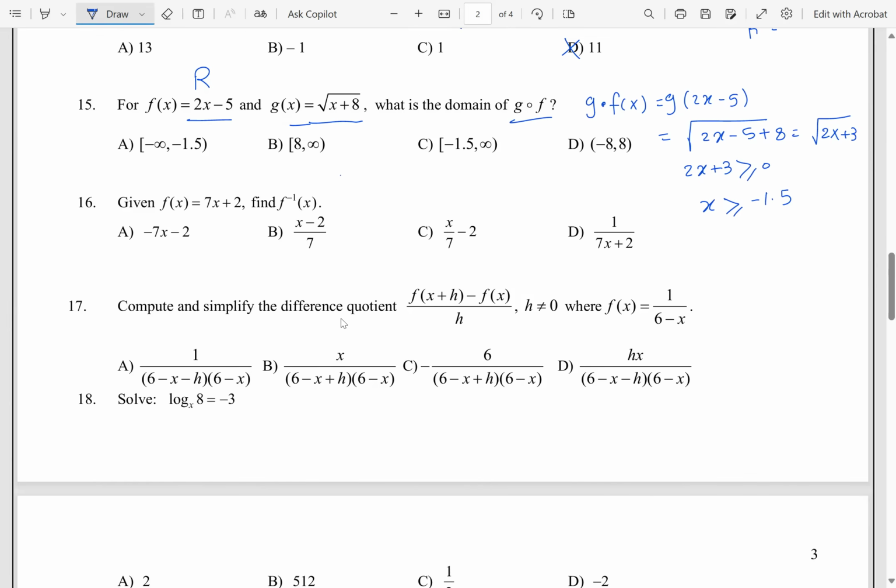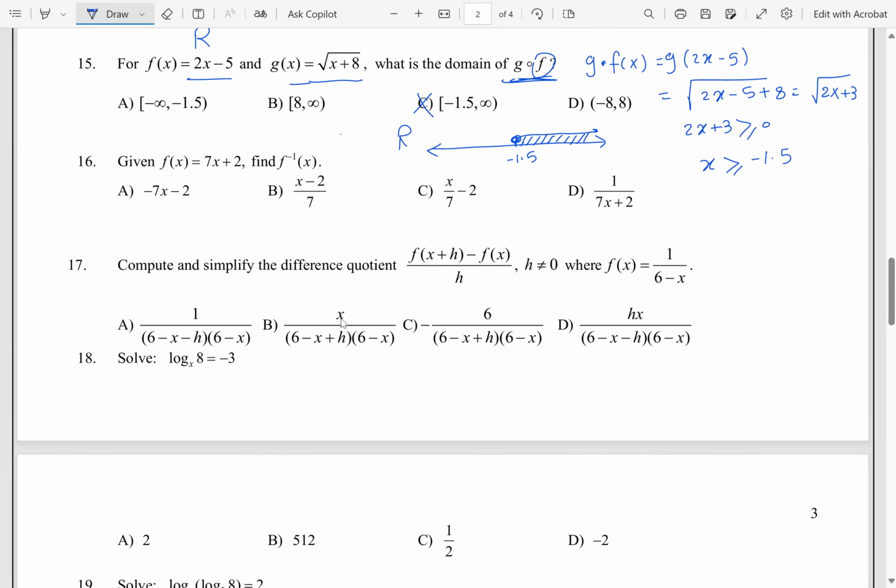So the answer is the intersection of the domain of the f, which is R, the whole real number, with this part, x bigger than or equal to negative 1.5, the intersection now with the number line with this interval. So the answer is negative 1.5 and infinity. This is the domain of the composite function g dot f of x.